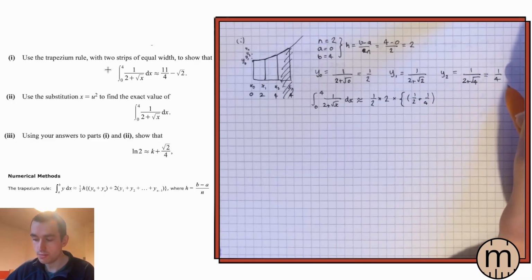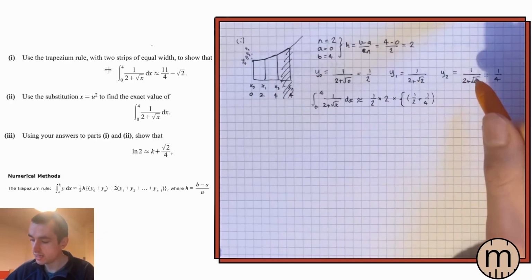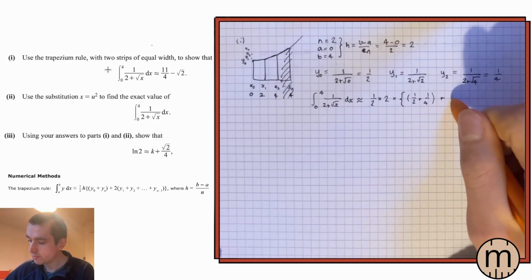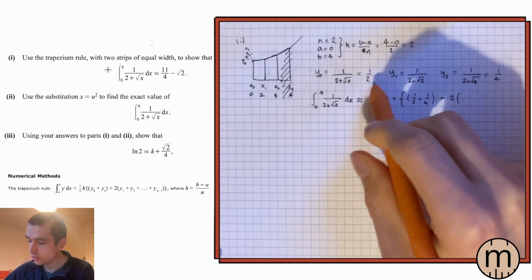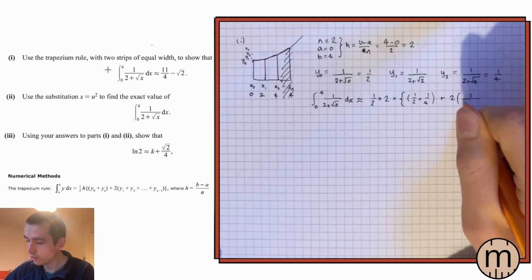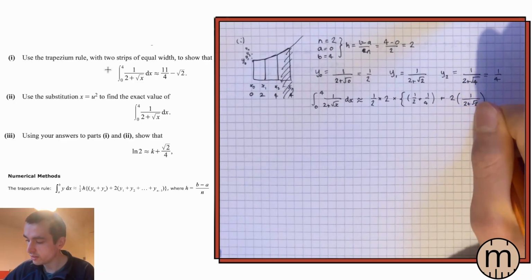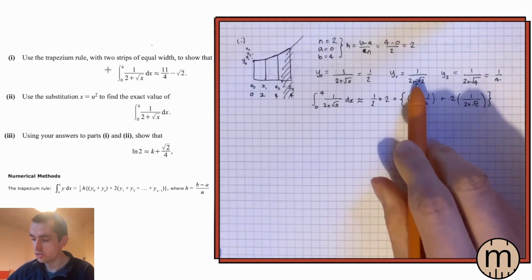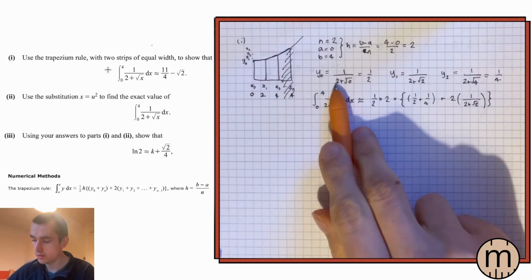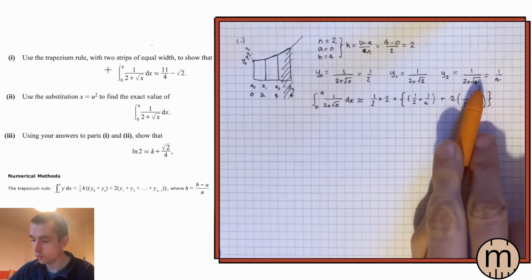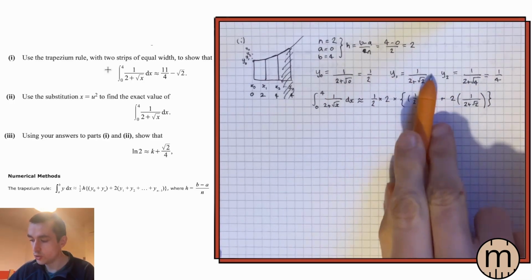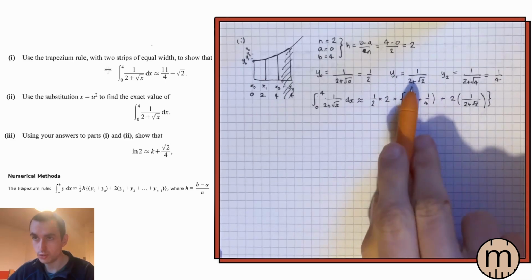It might be 3, it might be 4, it might be 5, doesn't matter. It's the last value, plus 2 lots of all the values in the middle. And I say all because there's usually more than one. In this case, there's just the one in the middle. So 1 lot of the first value, 1 lot of the second value, and 2 lots of the middle value or values.